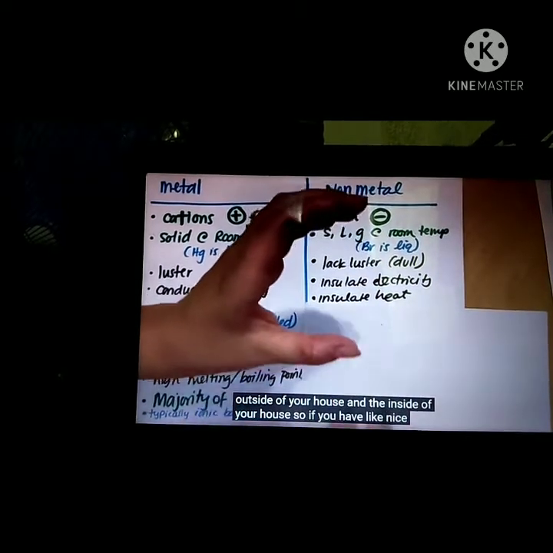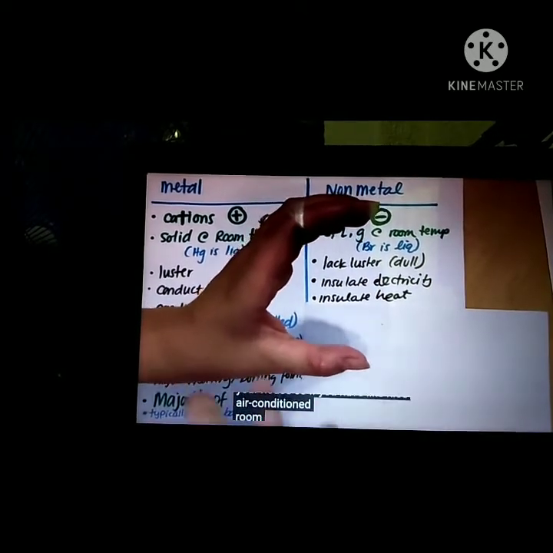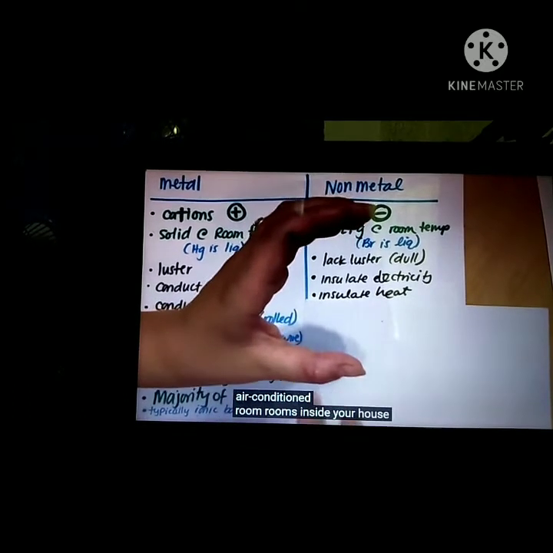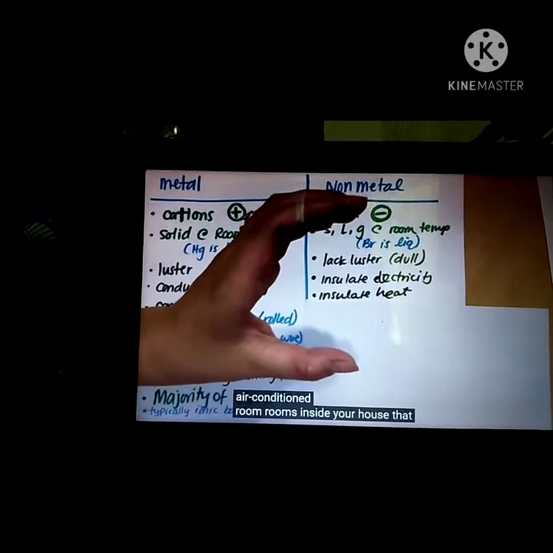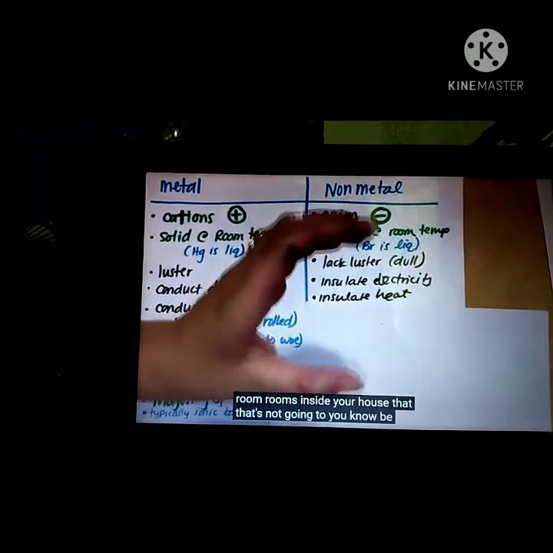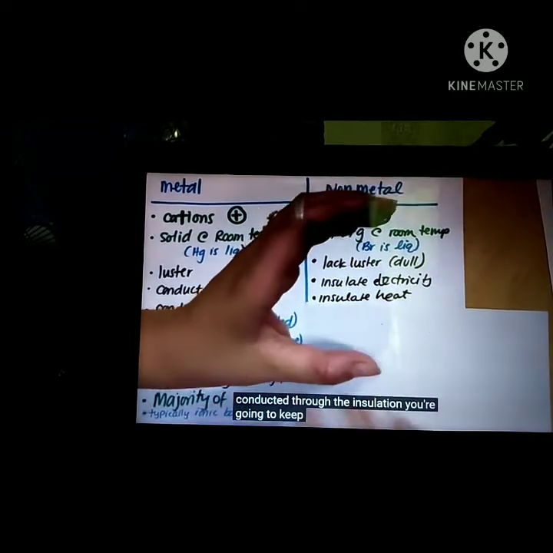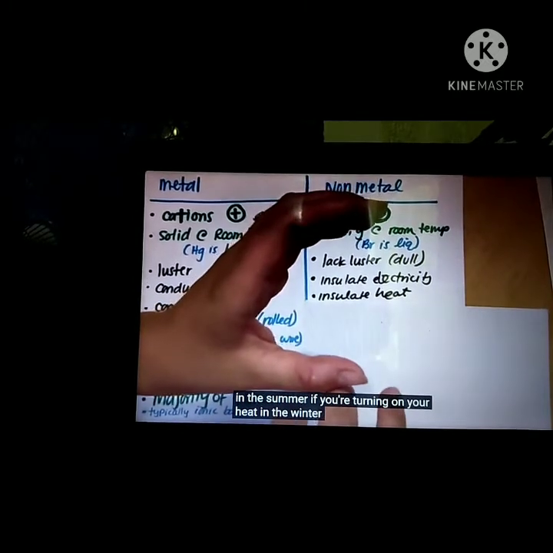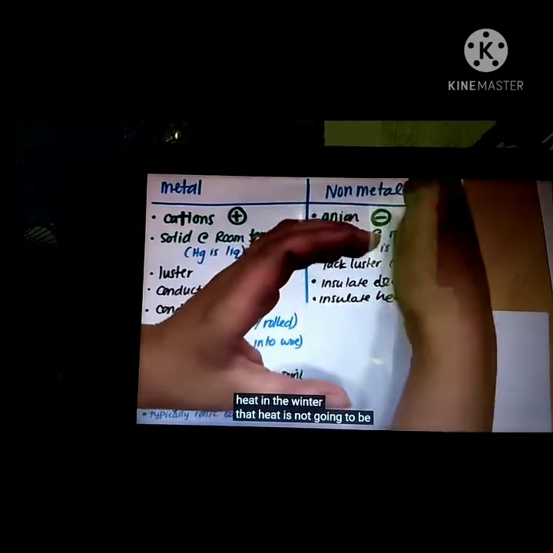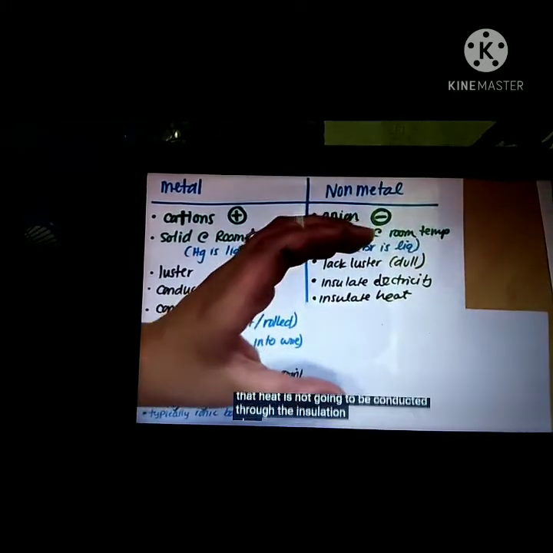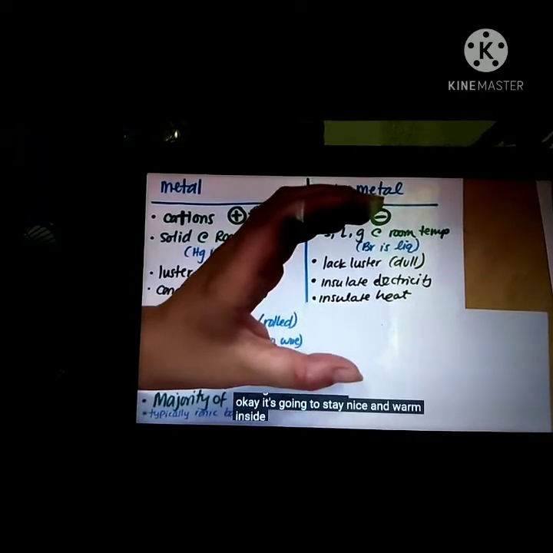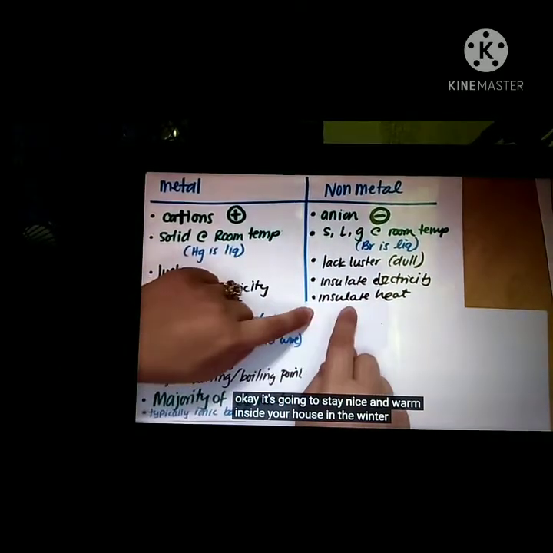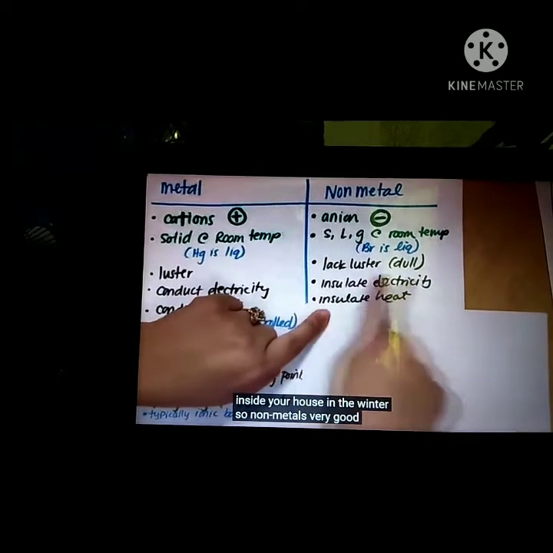So if you have nice air-conditioned rooms inside your house, that's not going to be conducted through the insulation. You're going to keep your house nice and cool in the summer. If you're turning on your heat in the winter, that heat is not going to be conducted through the insulation. It's going to stay nice and warm inside your house in the winter. So nonmetals are very good insulators.